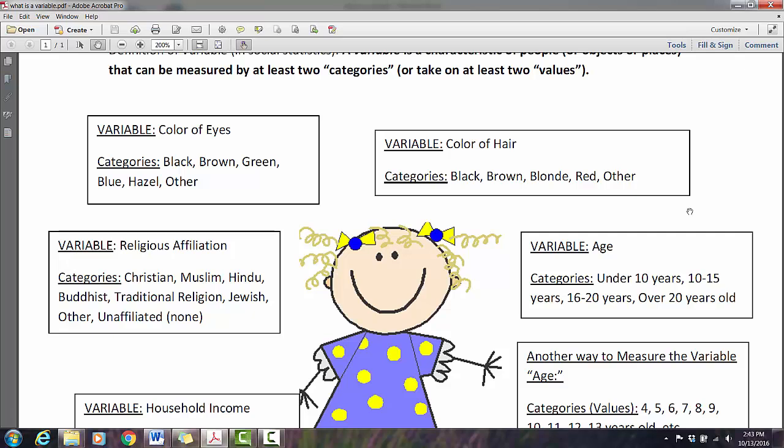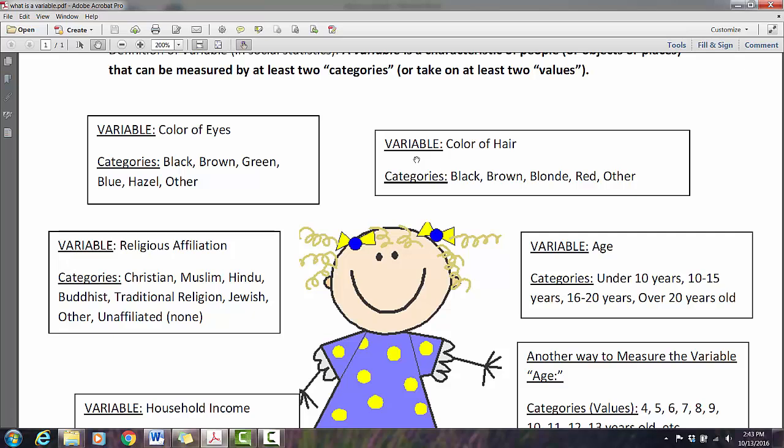You can look over the example variables. I won't read them all to you, but I'll go over a couple of them. For example, hair color and eye color are not variables that are used by sociologists very often, but they are relatively straightforward examples of what we mean by a variable.